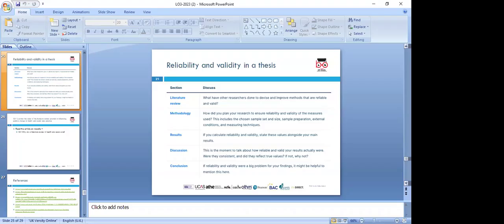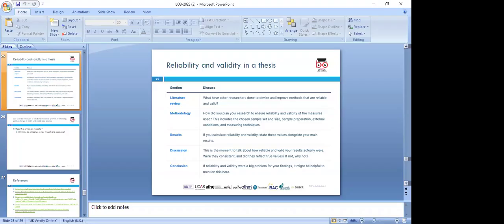Methodology: how did you plan your research to ensure reliability and validity of the measures used? This includes the chosen sample size and set, sample preparation, external conditions, and measurement techniques.